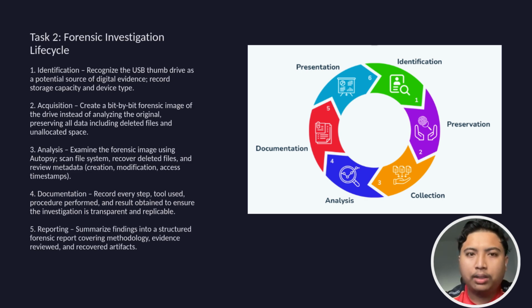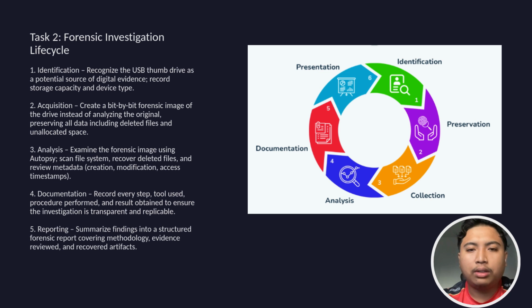Now, I will explain the forensic investigation life cycle. First is identification, where we recognize the USB thumb drive as a potential source of digital evidence. At this stage, we record important details like storage capacity and device type. Next is acquisition.